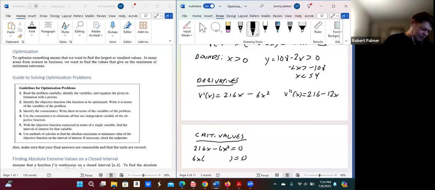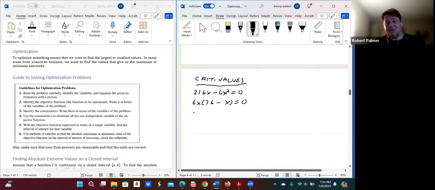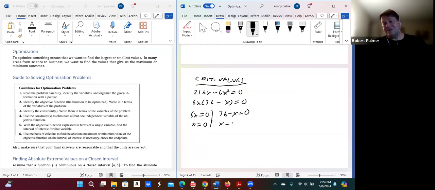Of course, you can try this on your calculator. If you remember how to solve this, set each one equal to 0, so we have 6x is 0, and then 36 minus x is equal to 0. So here are the possibilities: x is 0, and then x is equal to 36.